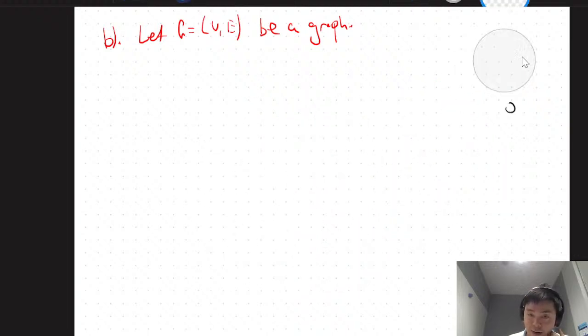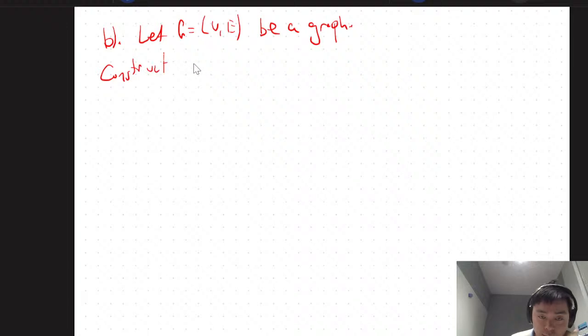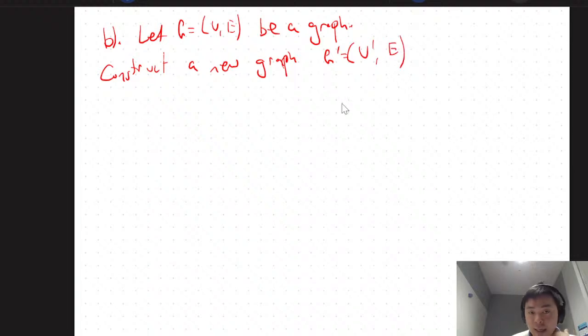So let's actually write it out in full. So construct a new graph G prime given by V prime and E. So here I'm just going to keep the edge set the same, but I'm going to create a new vertex set where V prime is just V union a bunch of new vertices, V1 up to V2025.